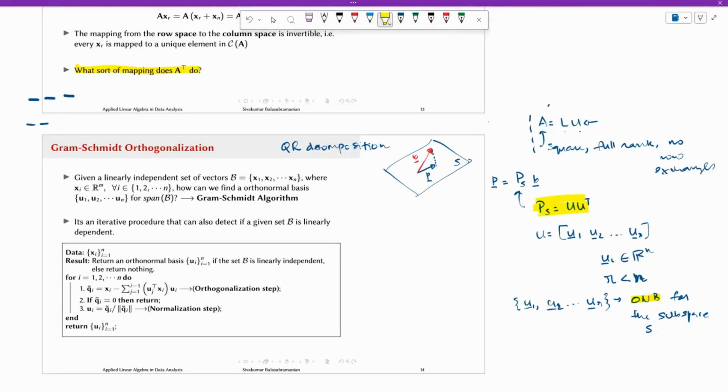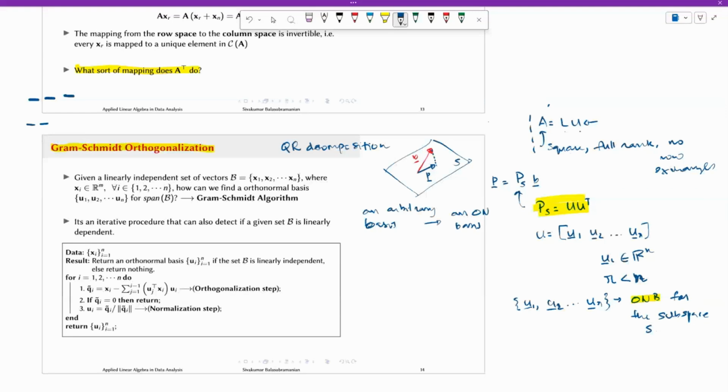That's essentially the Gram-Schmidt orthogonalization procedure, where the goal is to convert an arbitrary basis to an orthonormal basis for the same subspace, of course. Okay. And the procedure is very simple.